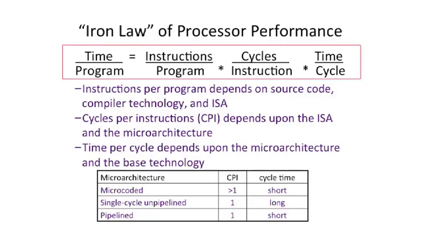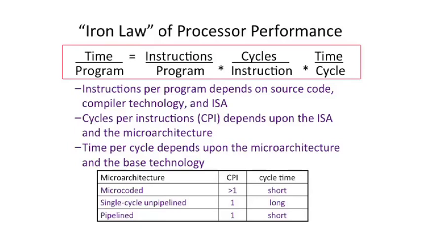And it boils down to a very basic formula where the time to execute the program, so this is the time it takes to run your program that you're trying to execute, is equal to how many instructions your program has times the cycles that it takes to execute one instruction for the program multiplied by the time per cycle.